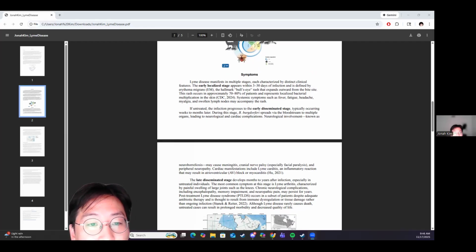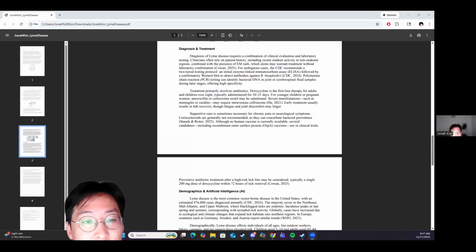This may include facial paralysis, meningitis, or heart rhythm problems. Months later, the late disseminated stage can cause chronic arthritis, memory problems, and nerve pain. With early antibiotic treatment, almost everyone recovers fully, but if left untreated, Lyme disease can lead to long-term complications.